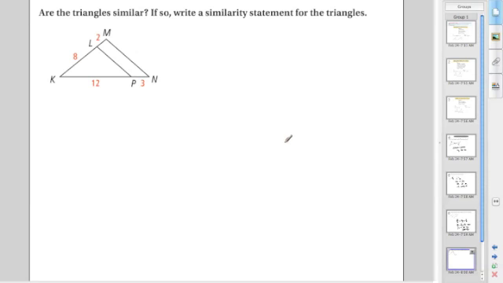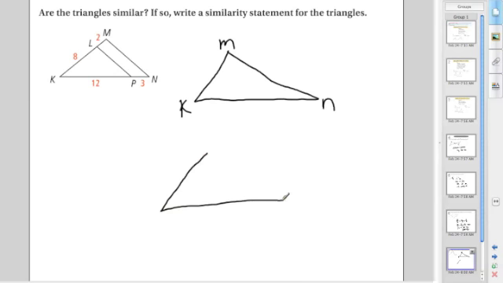So here we have another one. You should notice that we have K, M, N and K, P, L. So K to M is 10, by segment addition.